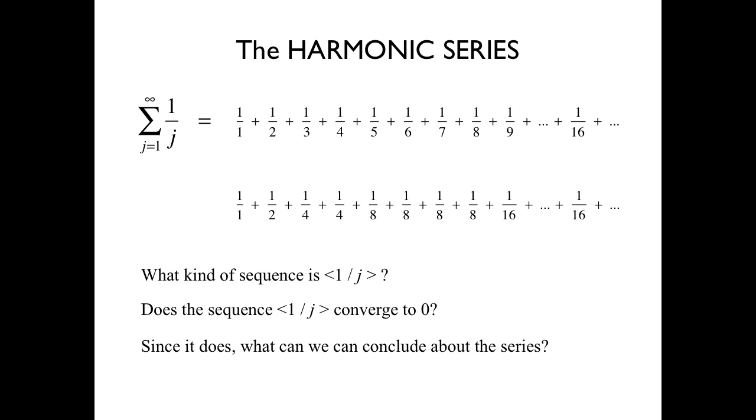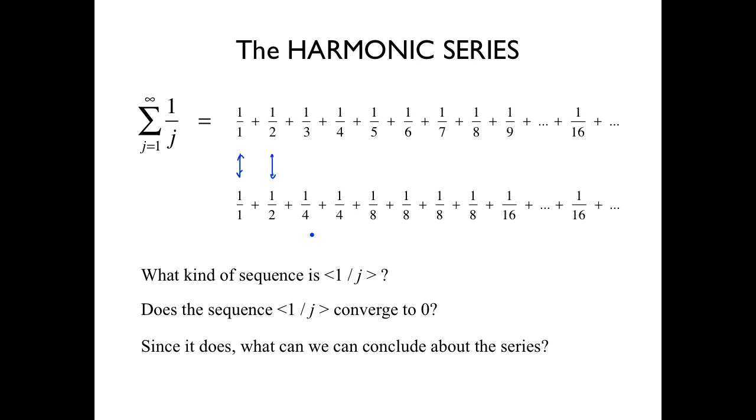All right, so let's look at this one. I'm going to take the harmonic series and compare it to this sequence here. I'm going to say those are the same, and then 1/2 is the same. But then instead of 1/3 plus 1/4, I'm going to do 1/4 plus 1/4.